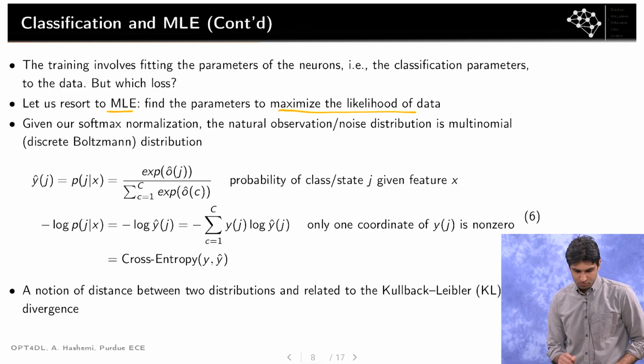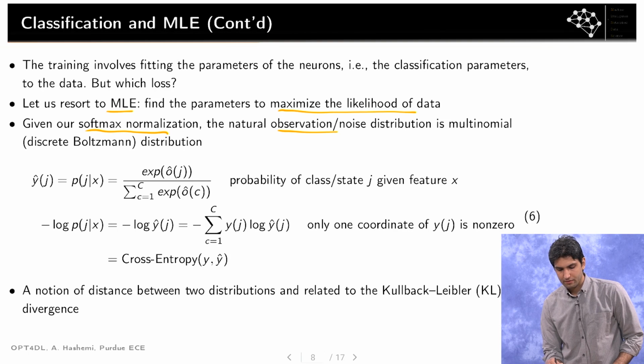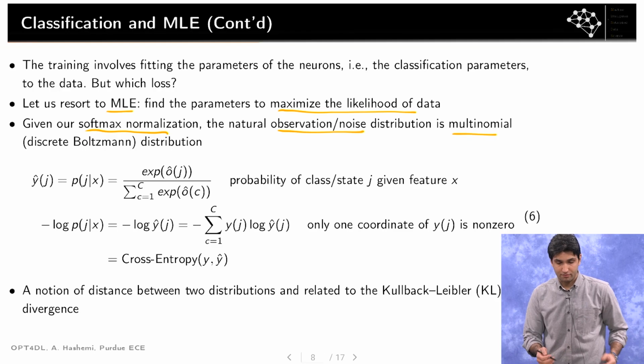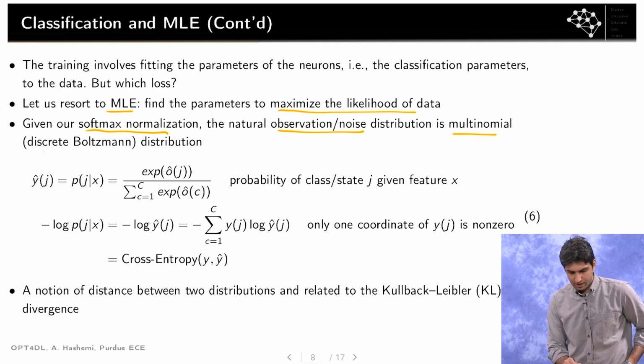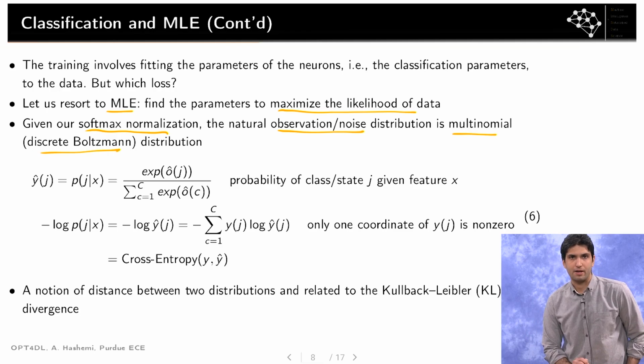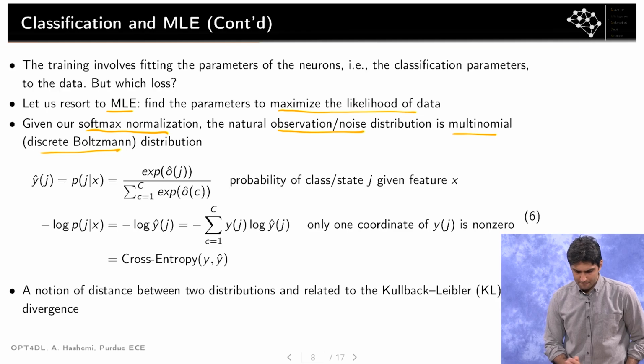Now note that we assume that we are using this softmax normalization. Therefore, a natural observation noise distribution is basically the multinomial distribution. And this is nothing but, as we talked about in the previous lecture, a discrete version of the Boltzmann distribution.